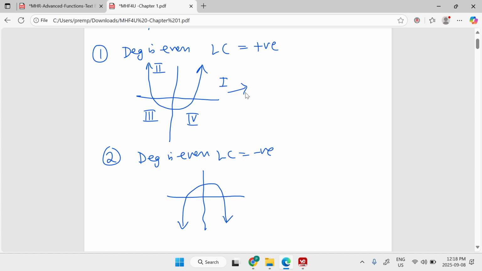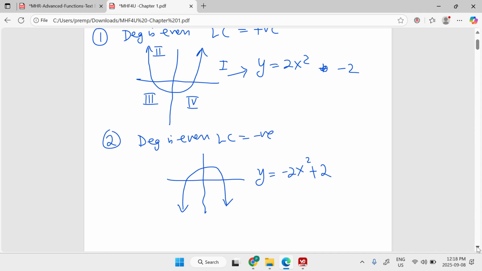A typical example could be, say, y equal to 2x squared, and here it will be minus 2x squared. I'm just taking some hypothetical examples. They are not exactly representing this function, but I'm just giving an example. Sorry, I think I can write negative 2 here, that looks slightly better, and similarly plus 2 here.